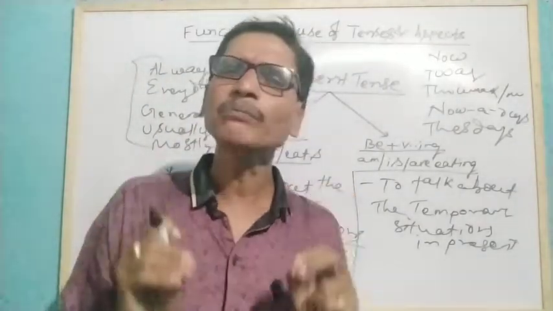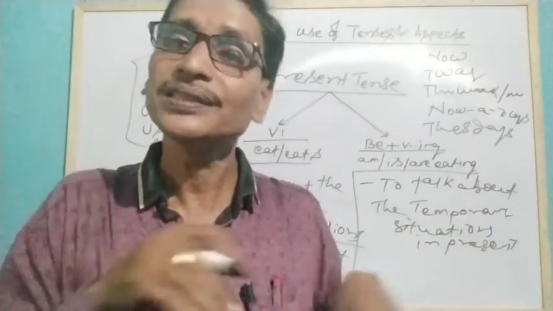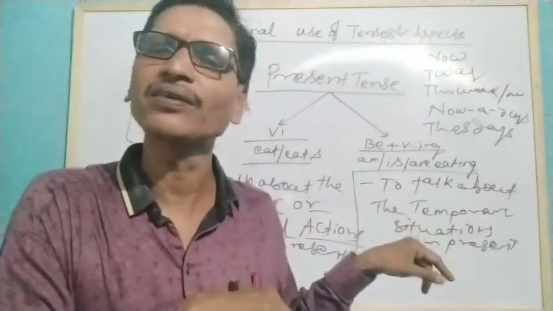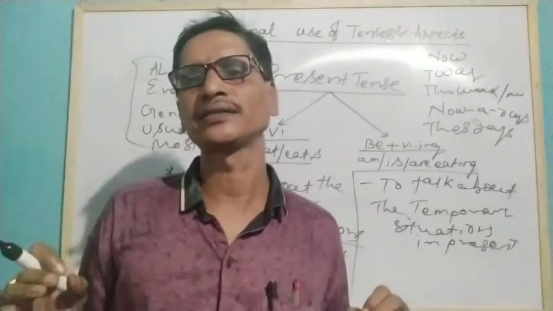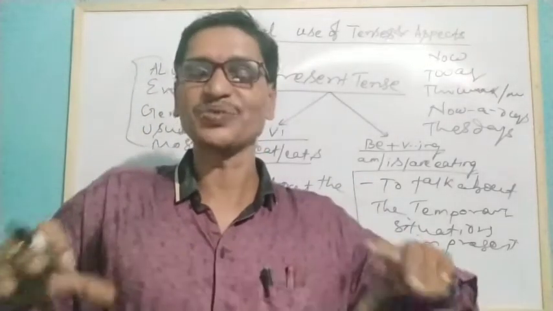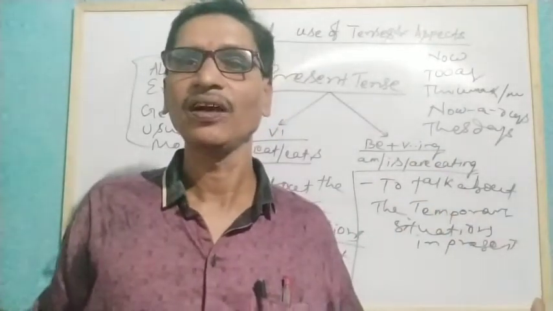every day my mother goes to temple. Today, she is cooking in my house. Every day I talk in English. But this week I am talking in Hindi as well. Okay, understand?